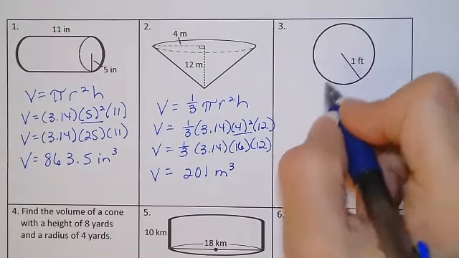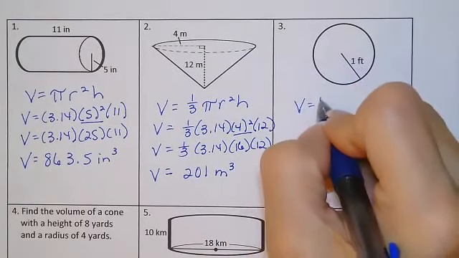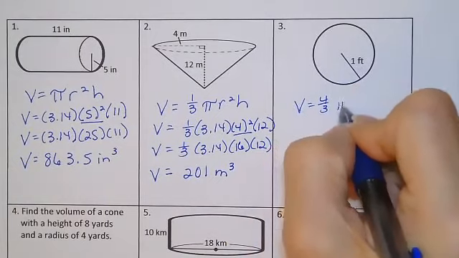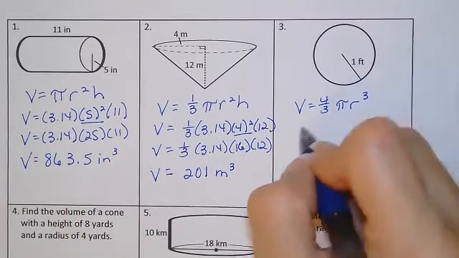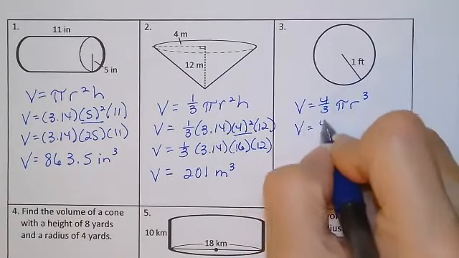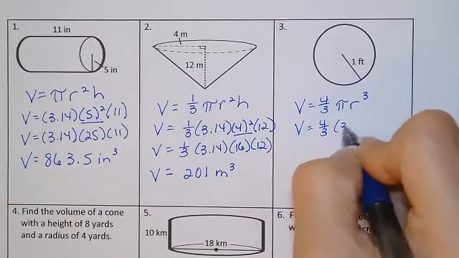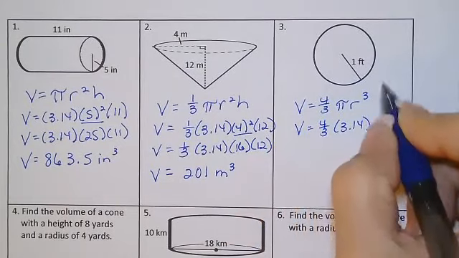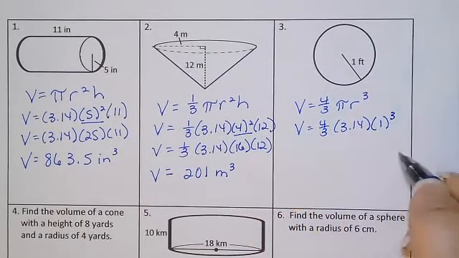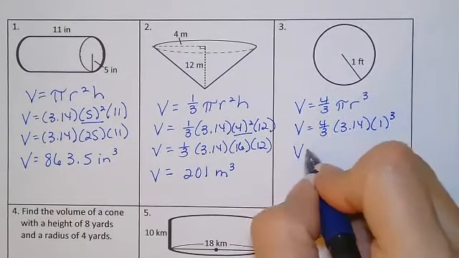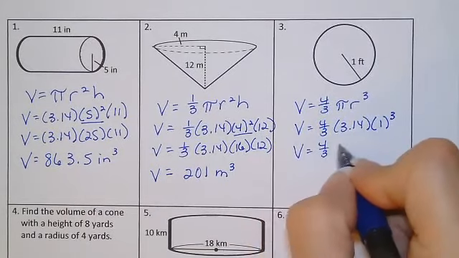All right, this sphere volume is 4/3 pi r cubed. So I'm going to substitute 3.14 for pi. My radius is 1. So that's going to be the first thing I do.